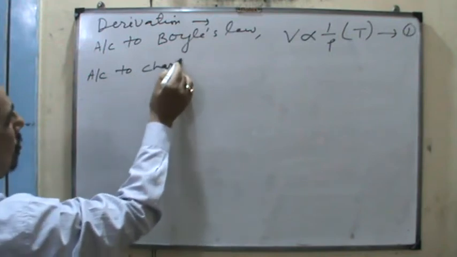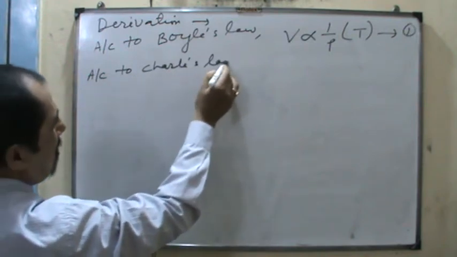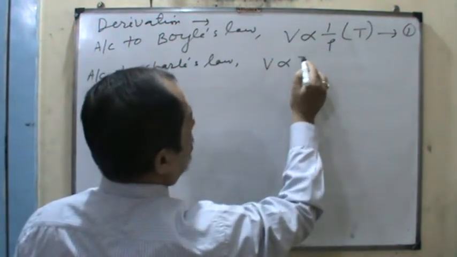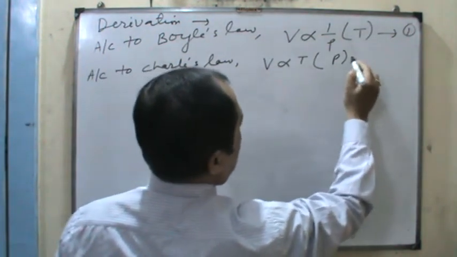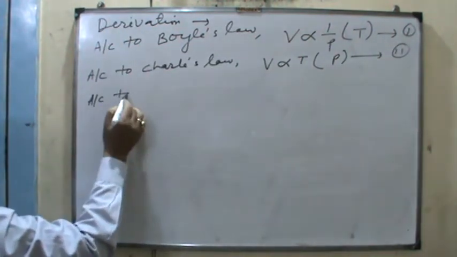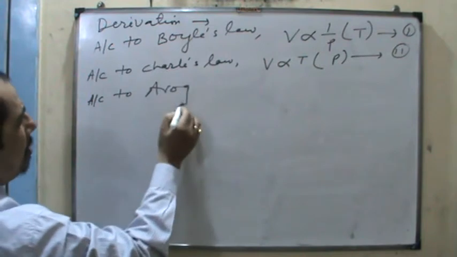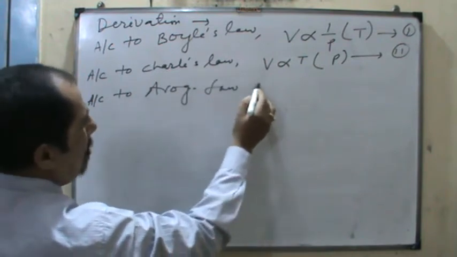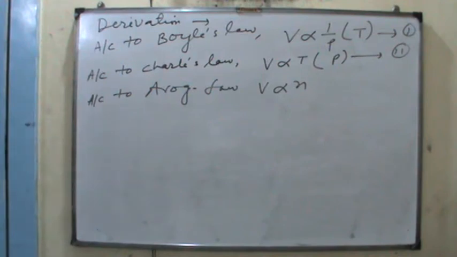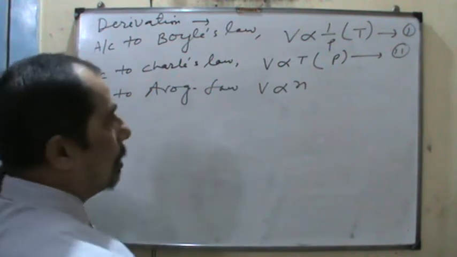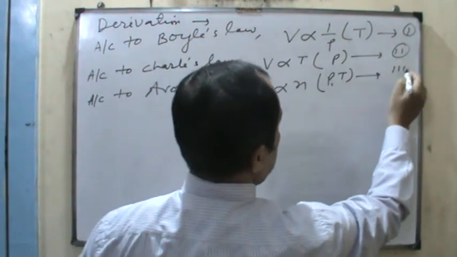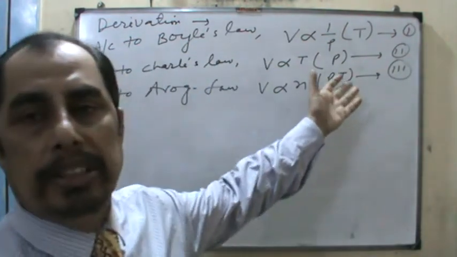According to Charles' law, volume is directly proportional to temperature at constant pressure. And according to Avogadro's law, volume is directly proportional to the number of moles at constant pressure and temperature. This is taken as the third equation.